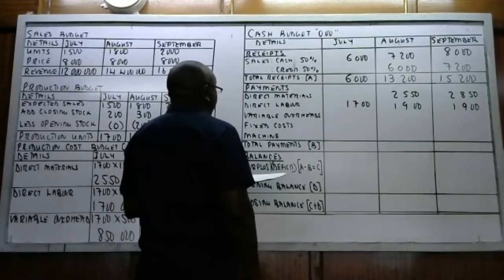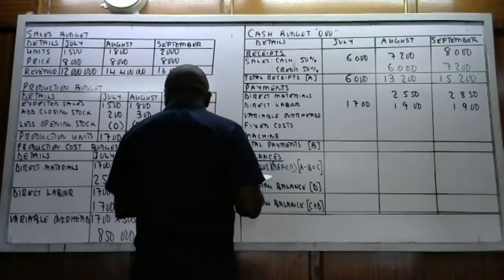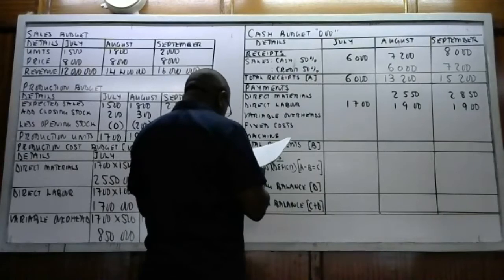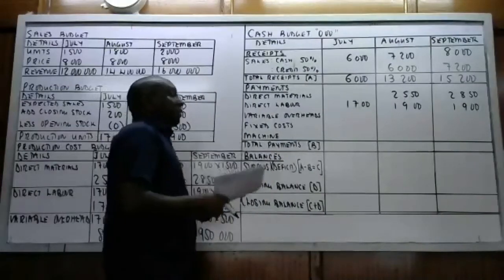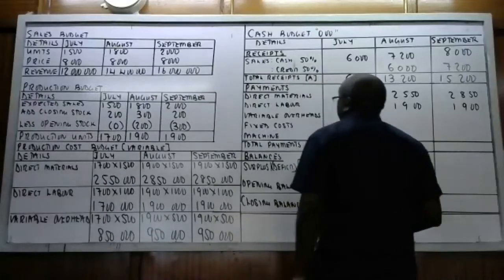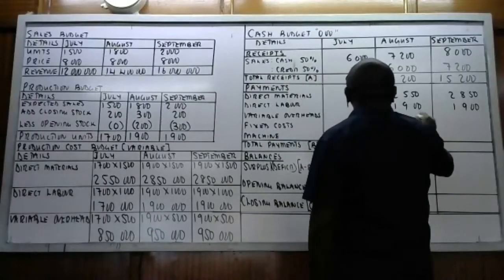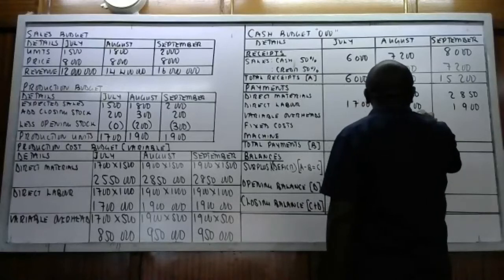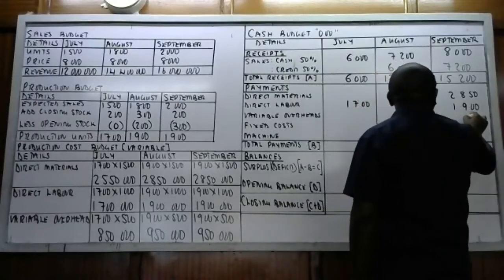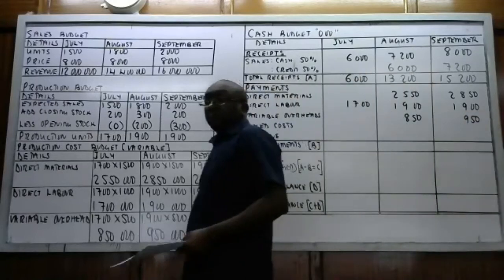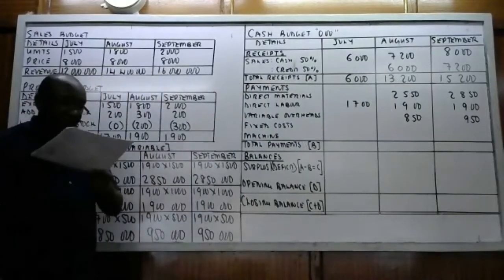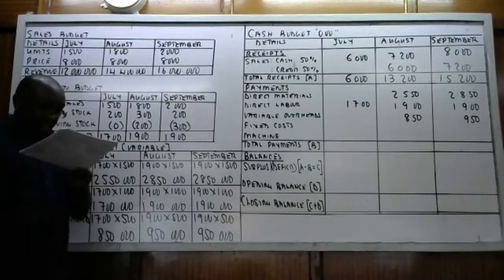Then from there, the variable overheads, according to information 7, they are paid for in the month following production. So hiyo tunalipa the following month. So hii 850 tutakuja kulipa hapa, alafu 950 tutalipa hapa. Fixed costs, as mentioned by information 4, payable 1 month in arrears.